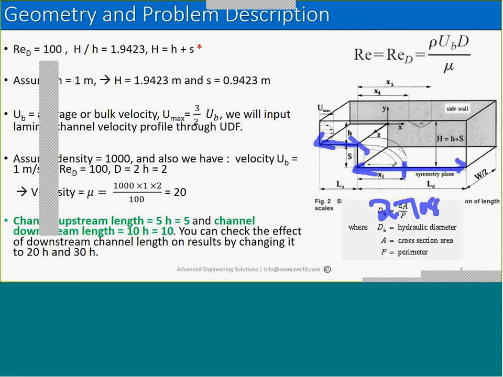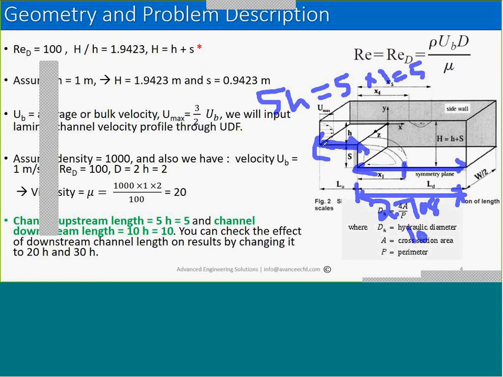So if I want to be on the safe side, I chose the length as here. It is just an arbitrary guess, and it may work or sometimes it may not work. And the upstream length, because the flow is developing, I chose 5H. So H is equal to 1, so 5 into 1 is equal to 5.